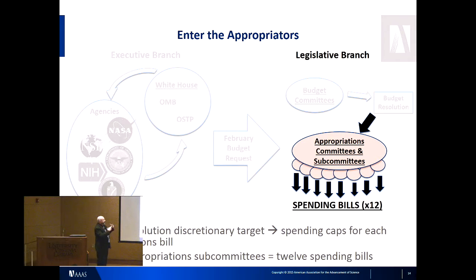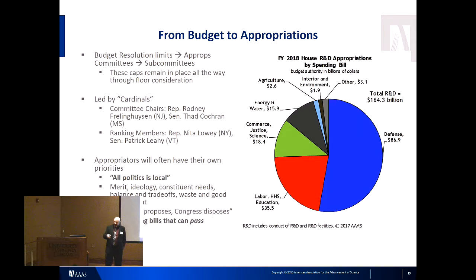So basically, when the budget committees write their budget resolution and Congress adopts it, let's say it's $1 trillion or $1.1 trillion or whatever, the chairs of the appropriations committees, who are the ones that actually write the spending bills and make the spending decisions, take that overall target and chop it up into 12 pieces. Each appropriations committee is divided up into 12 subcommittees.